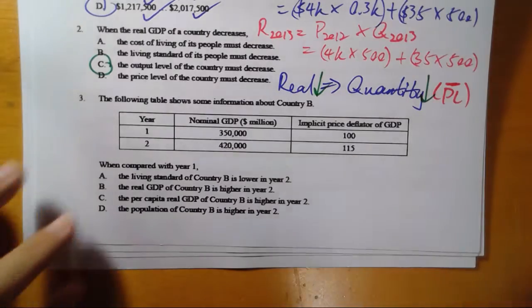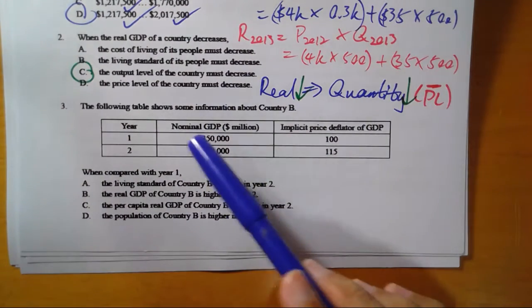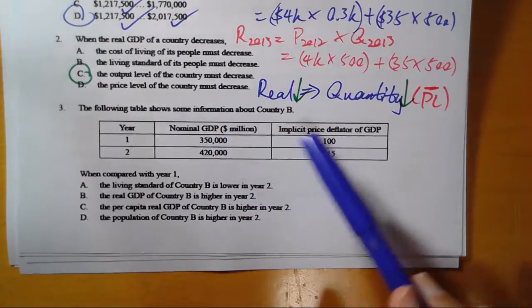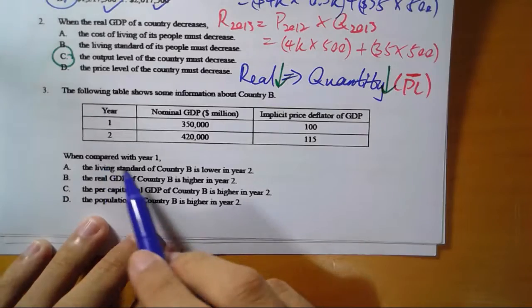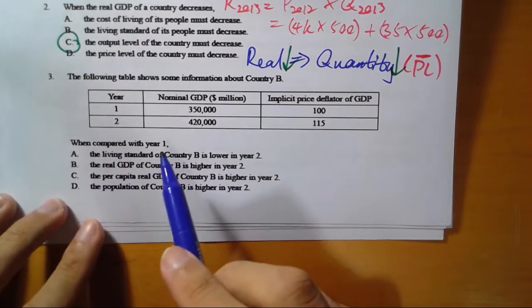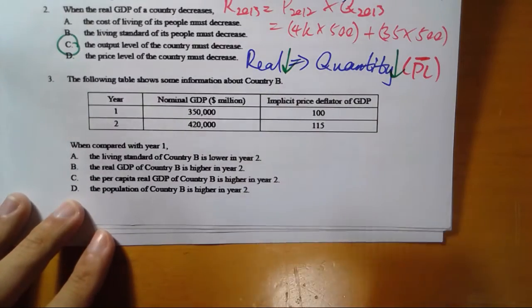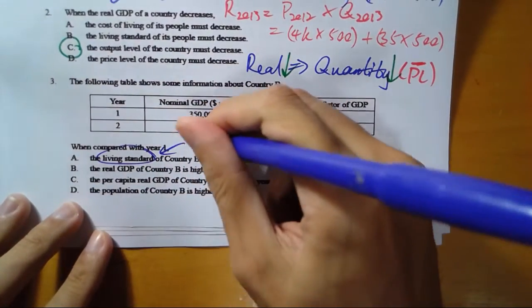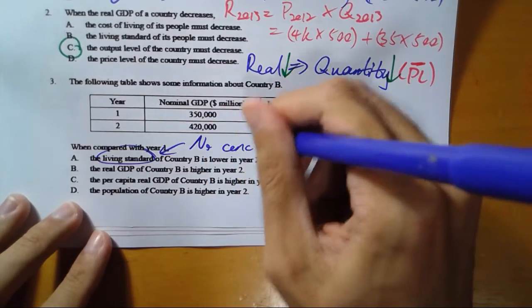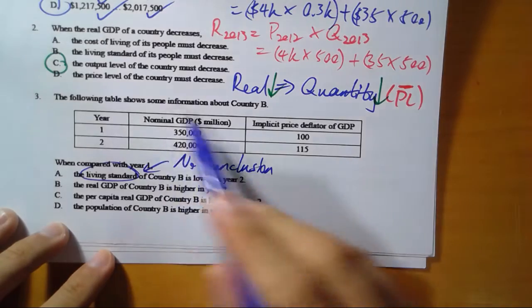Now this time we can use GDP deflator. Let's look. We have year 1 and year 2. Compared with year 1, the living standard of country B is lower. Whenever you see living standard, we have no conclusion by just looking at the numbers, because we only have the numbers here.